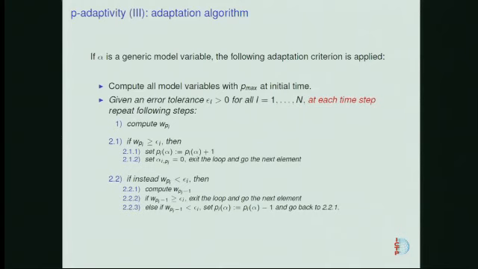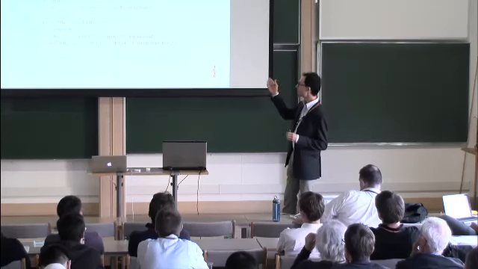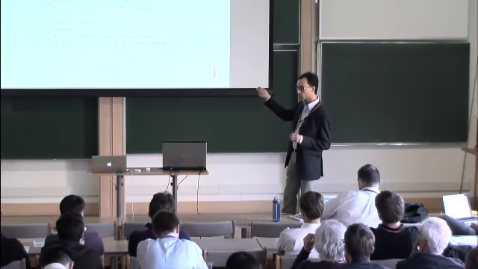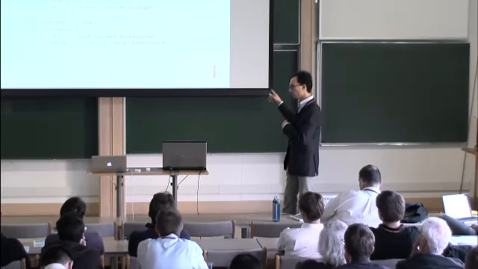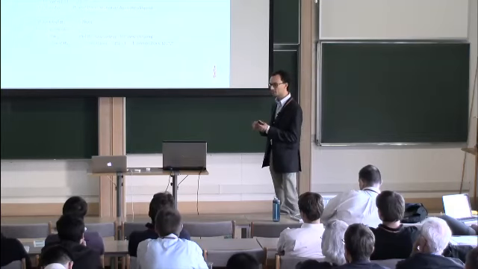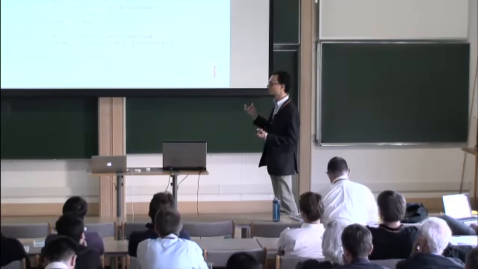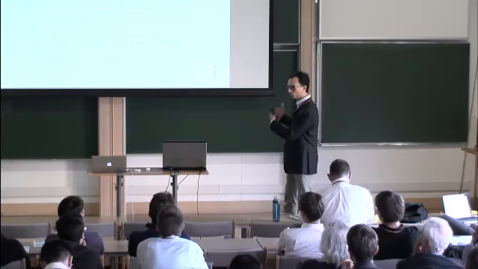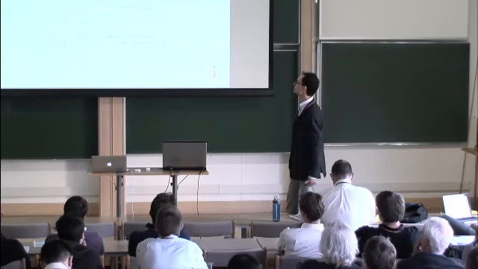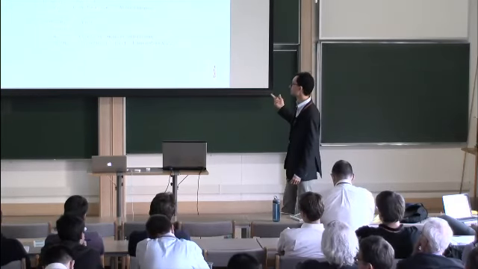If this weight is bigger than the fixed cutoff tolerance, then we add one degree of freedom to represent the solution in that element in the next time step, since this means that in that element, the highest modal component is important. And so we add more degrees of freedom to represent the solution there in the next time step.